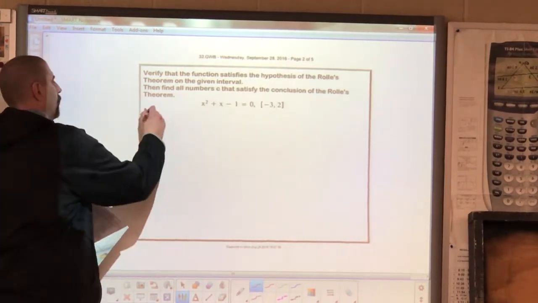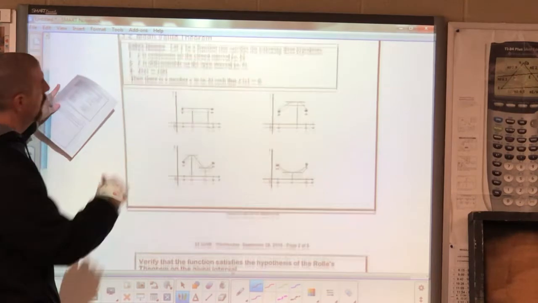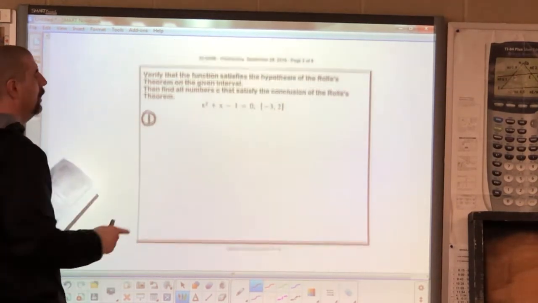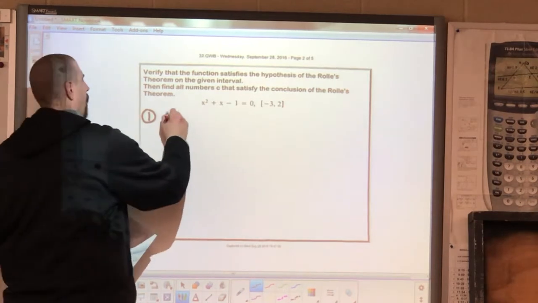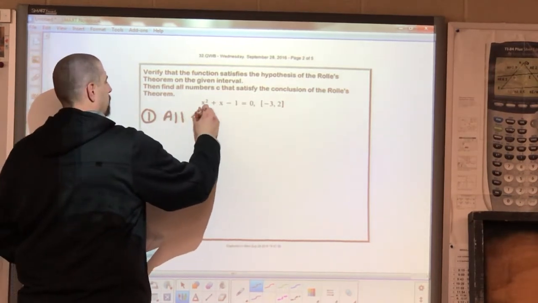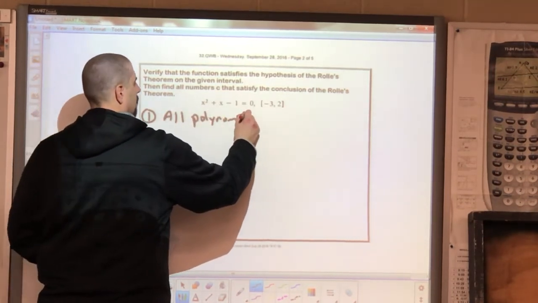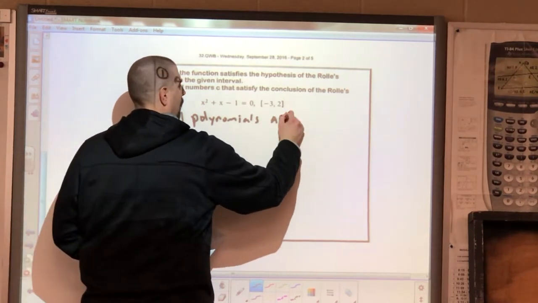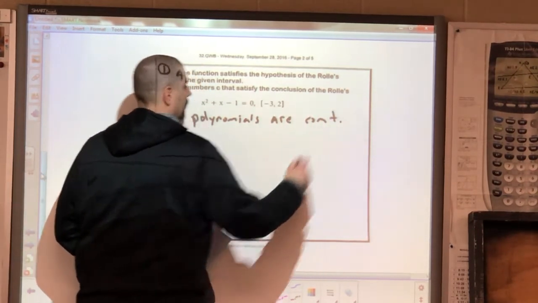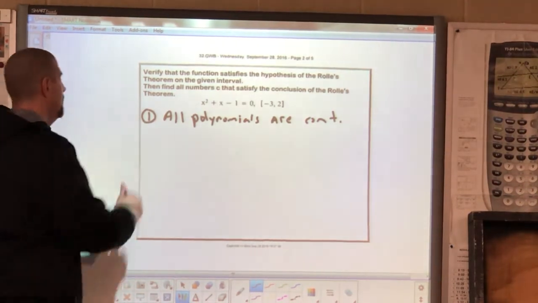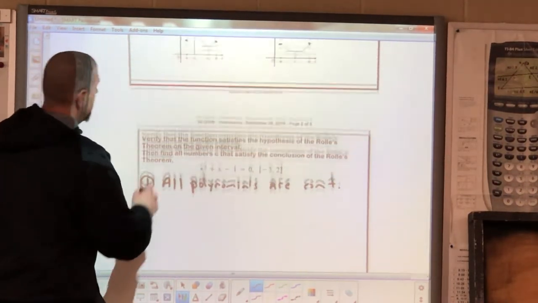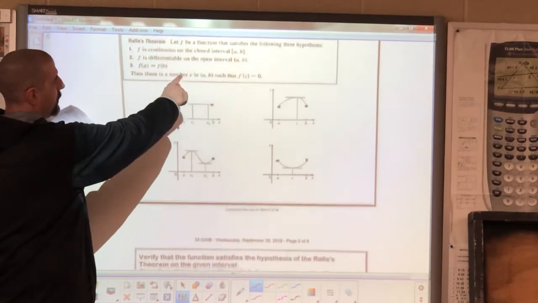Number 1 says f is continuous. Well, this is a polynomial. If you remember back when, we said all polynomials are continuous. So we're good. Number 2 says f is differentiable.